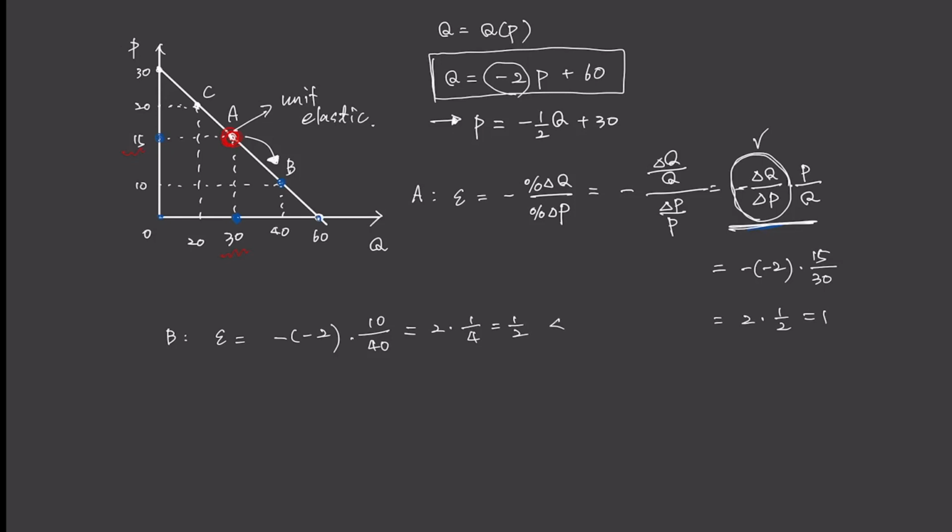Half is less than 1, so point B is inelastic. Correspondingly, you can get this as elastic. So you can find out this midpoint is unit elastic, going up is more elastic, going down is more inelastic. And if you put in the values, you can measure the elasticity at the corner points correspondingly.